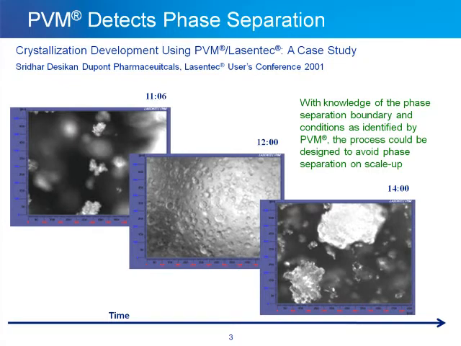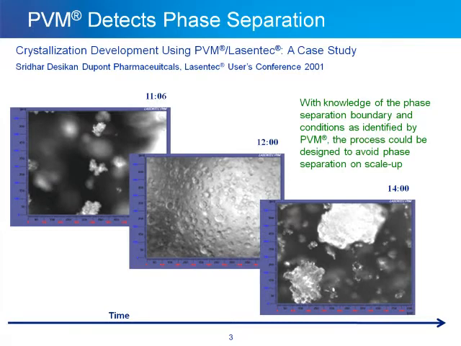In the final graph, at 2 o'clock in the afternoon, the droplets have again disappeared, and the crystals began to grow. This was, in fact, an anti-solvent addition crystallization, and the conditions when that droplet phase formed related to the temperature and the solvent ratio.